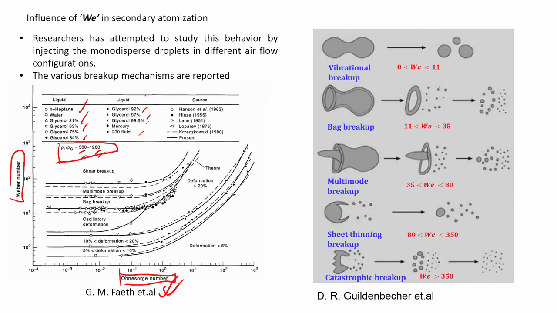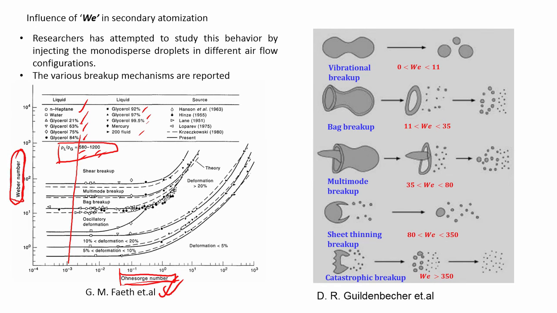Glycerol 92% makes the fluid very viscous basically. Now, if you look at this Weber number versus Ohnesorge number space, there are several regimes available. For example, take a very low Ohnesorge number, and let me draw a line through it like that.